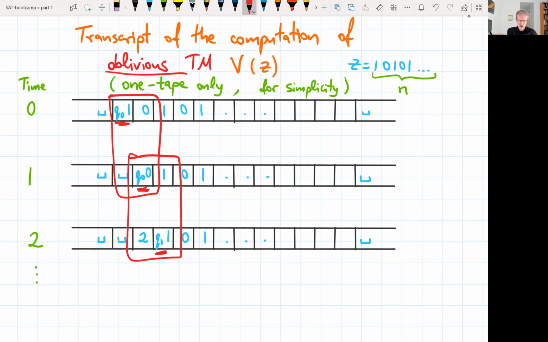And so I can draw a transformation which transforms these two tape cell encodings to the new tape cell encodings, and I can do so using some new transformation, let me call it G. And then I have a copy of G for the next time step, and so forth.